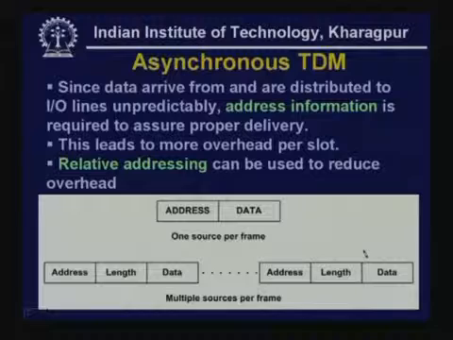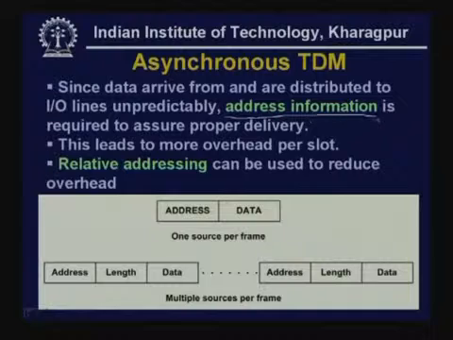That problem has to be overcome by providing address information. Since the data arrive from and are distributed to IO lines unpredictably, that means asynchronously, the address information is provided to assure proper delivery, so that the data can be delivered to the proper destination at the other end.